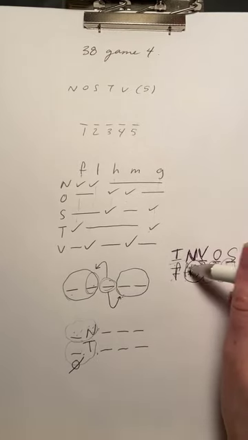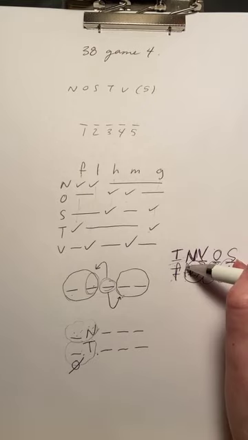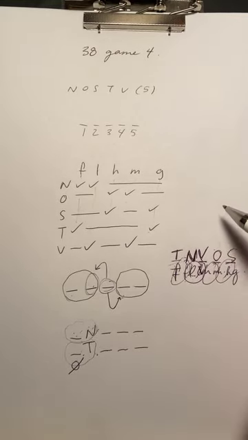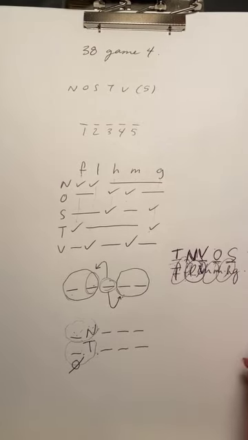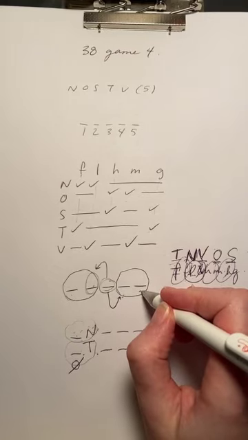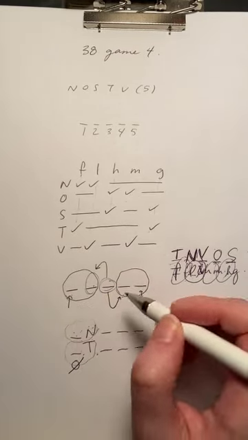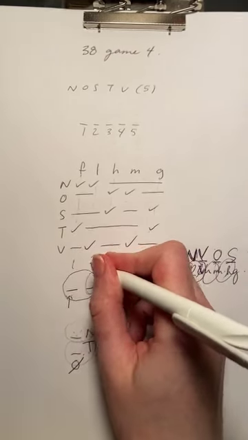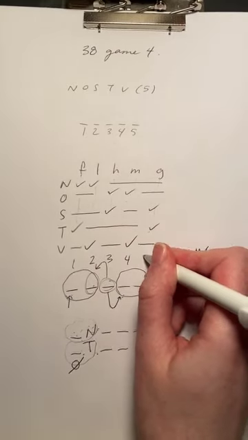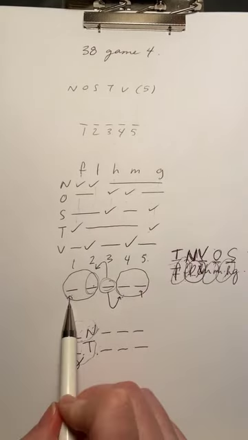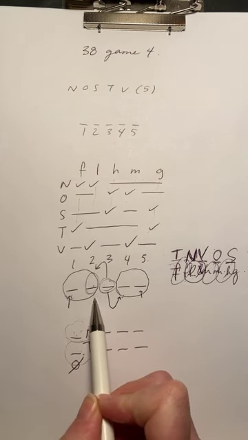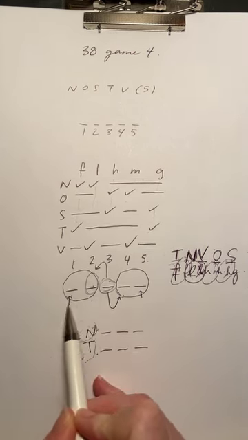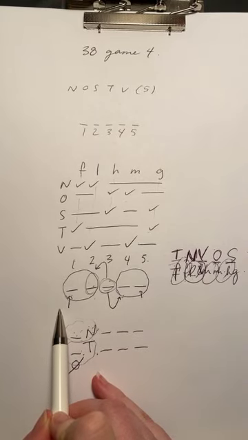Where they always have to have one in common with the one behind them and one in common with the one in front of them, but that's not always the case. What we do know, though, is that if you are on the end of the sequence, so this is a sequence 1 through 5, if you're first, you have to have one in common with the player that goes second, and if you're second, you have to have one in common with the player that goes first.